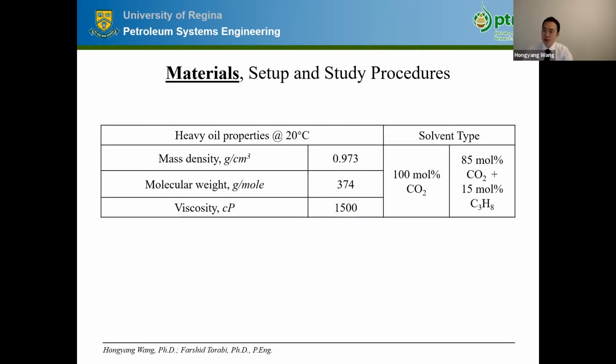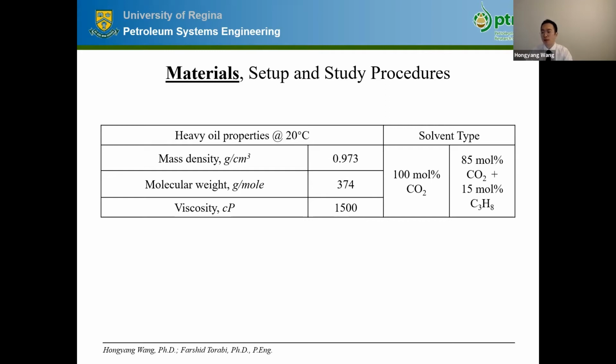The materials that we use in our study are a heavy oil sample that was mixed with kerosene to bring down the original viscosity from 132,000 centipoise to 1,500 centipoise. And the solvent is pure carbon dioxide and a mixture of CO2 and C3.